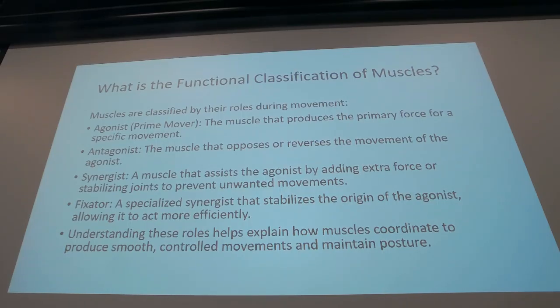Brachialis is a synergist for elbow flexion, so that the biceps don't have to do as much work. And then fixators are synergists as well, but in this case, they stabilize the origin of the agonist, and it works much better.